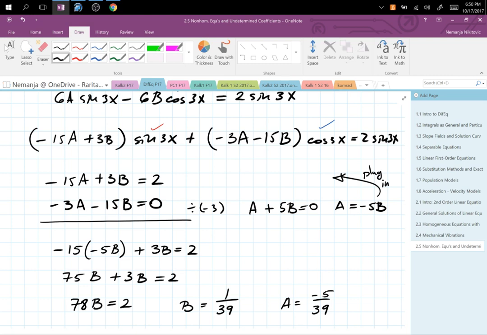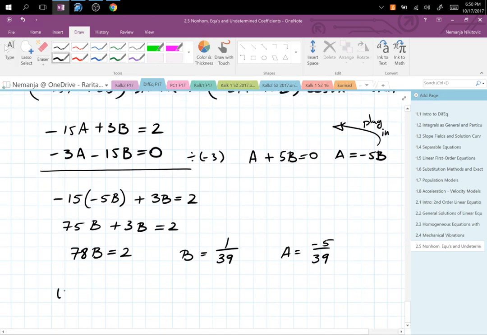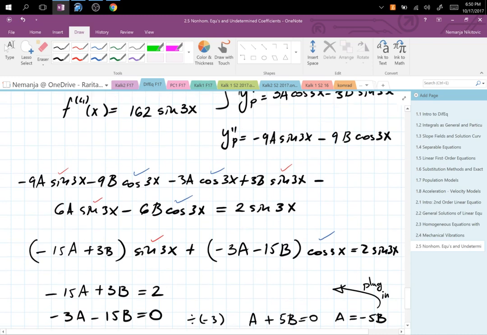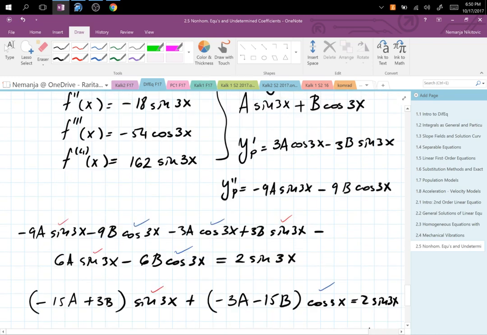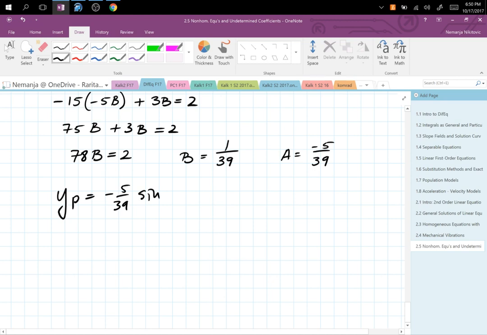All right. So our undetermined coefficients became determined coefficients. And we are looking at yp, which is negative 5 over 39 sine 3x plus 1 over 39 cosine 3x.